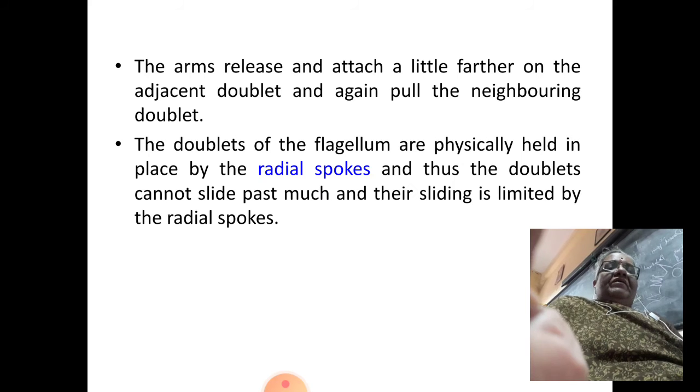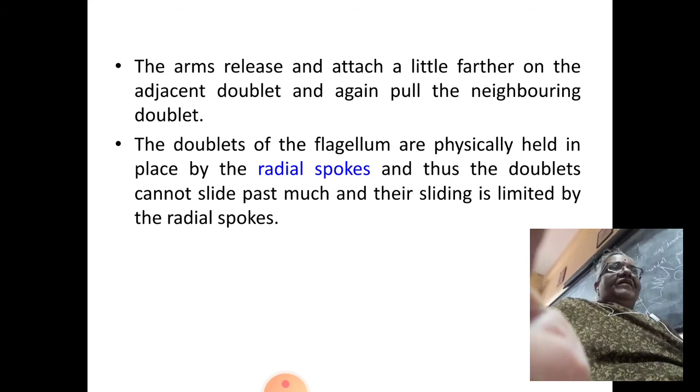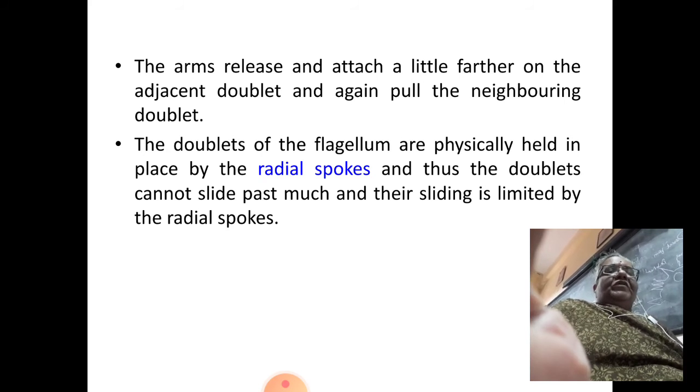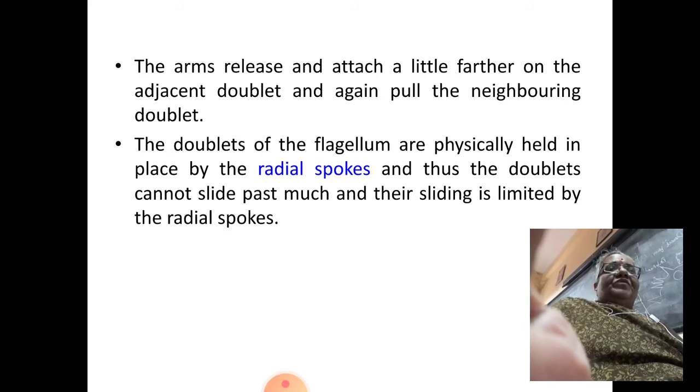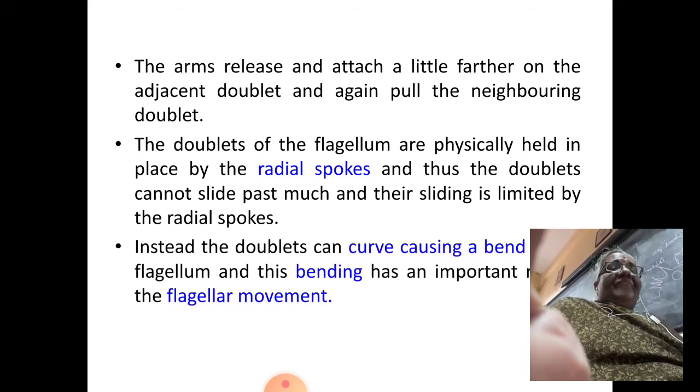But please note, the doublets of the flagellum are physically held in place by the radial spokes, which connect the doublets with the central tubule, and thus the doublets cannot slide much and their sliding is limited by radial spokes. Doublets do not hang freely, they are held physically by radial spokes. As a result, their sliding action is a bit limited. They can only bend, that is all.